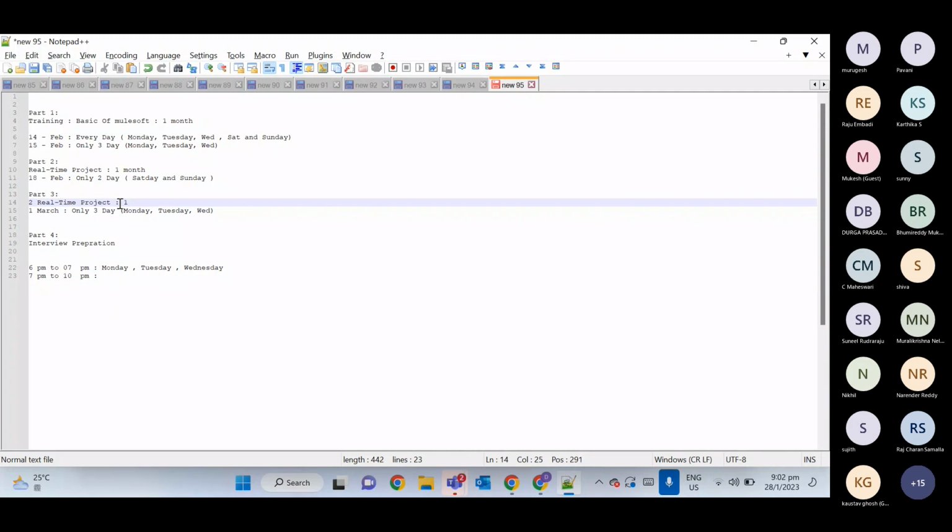There might be 4, 5 days up and down. And this will overlap with parts two and three. There will be some overlap between 1 and 2, 2 and 3, and 3 and 4 also. Is it clear?